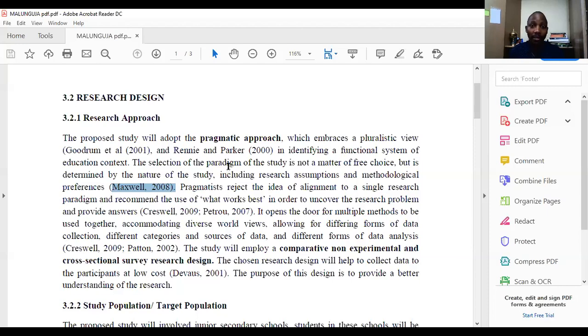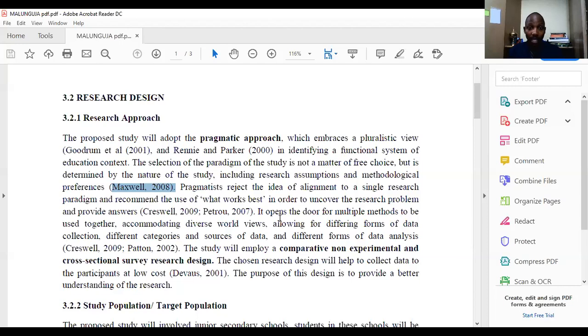So I said the pragmatic paradigm is the mixed kind of approach, which assumes the use of either of the two approaches. This researcher is using this kind of approach and is now trying to defend why he has decided to use that particular design. That's why I said, whenever you select a particular approach or design, you should give the reason behind it, supported by your arguments.